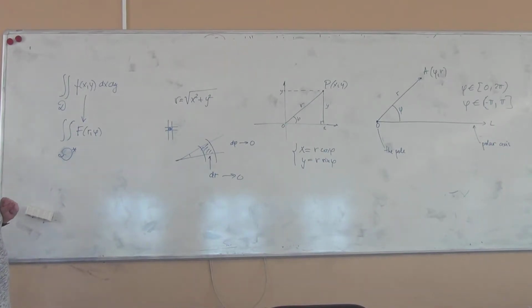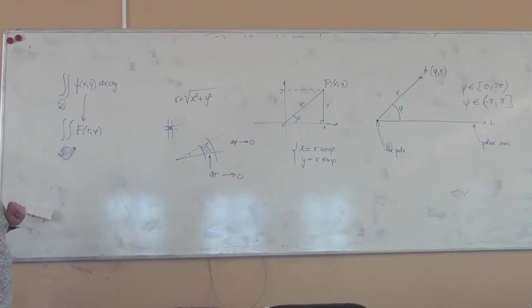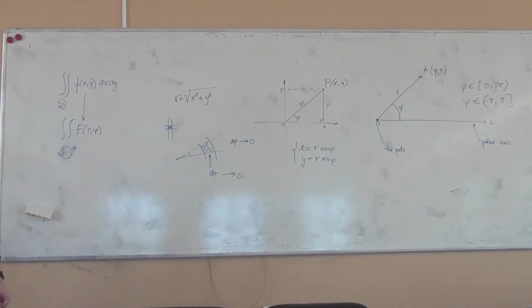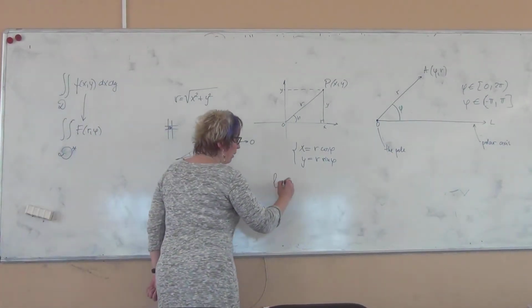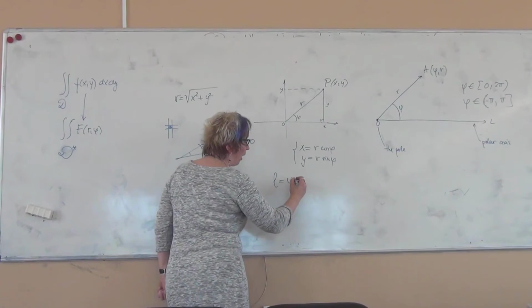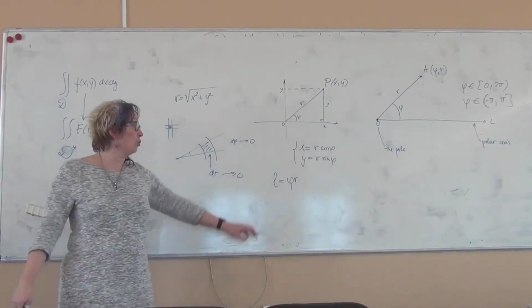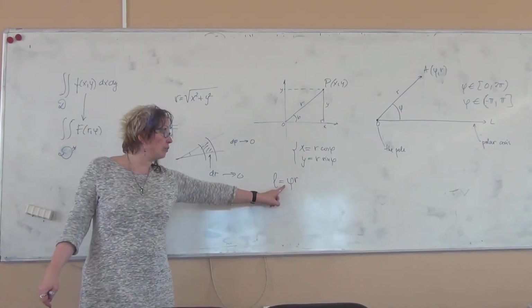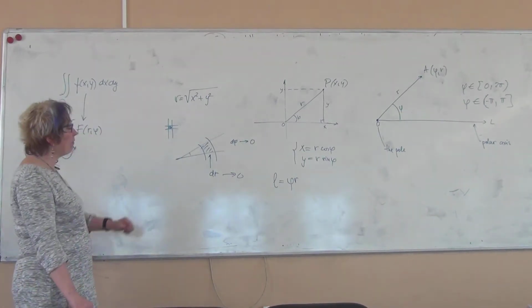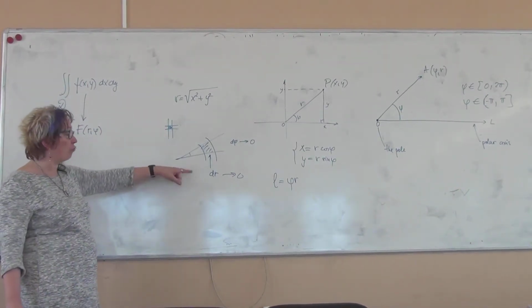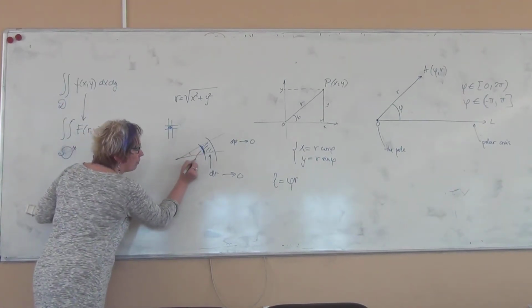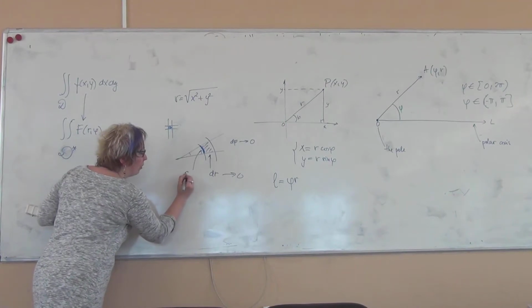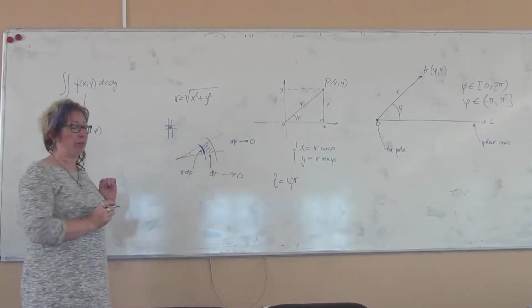But of course, if you remember basic trigonometry, geometry from school, the length of an arc can be expressed as phi times r, using radial measure in radians. So if I take a small change of phi, the length of this arc will be d phi times r.